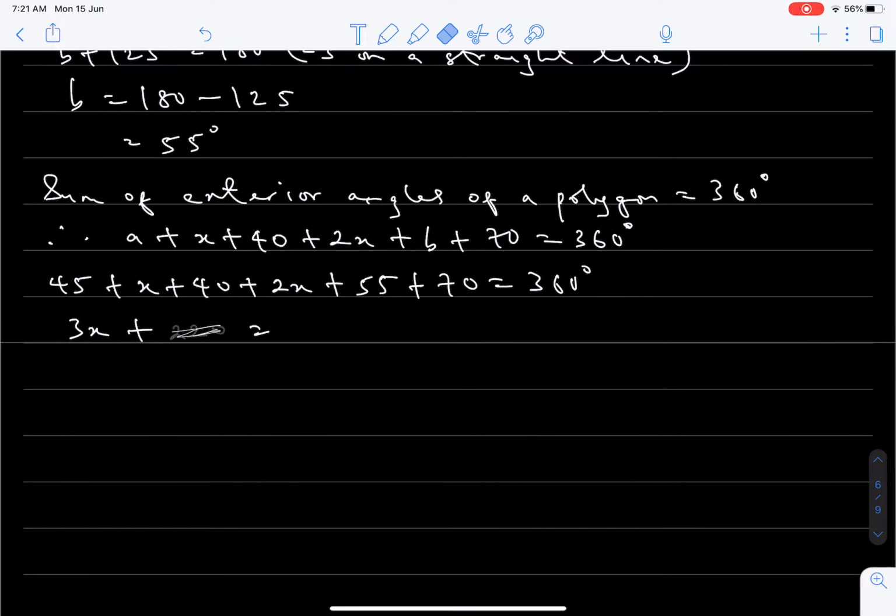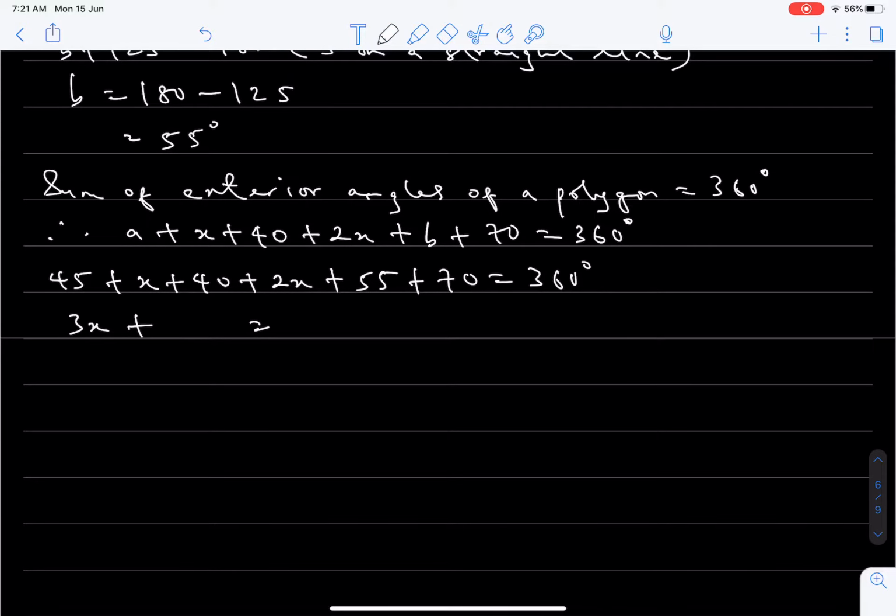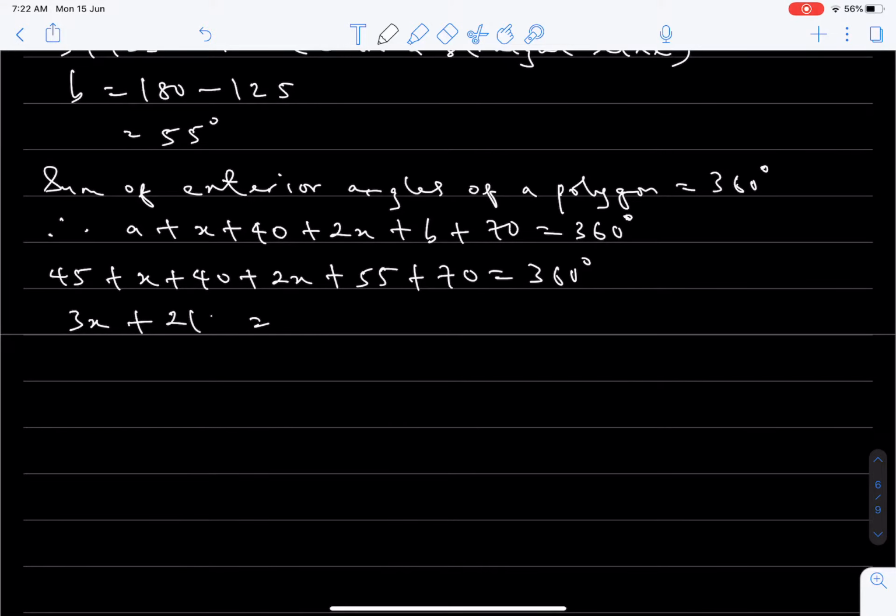So that means we have 45 plus 40 is 85, plus 55 is 140, plus 70 is 210. That's 3x plus 210 degrees equals 360 degrees.